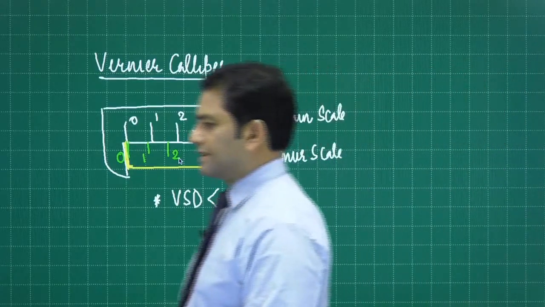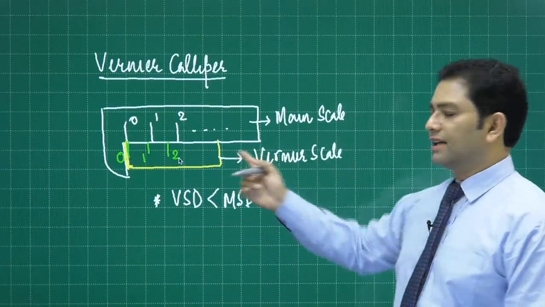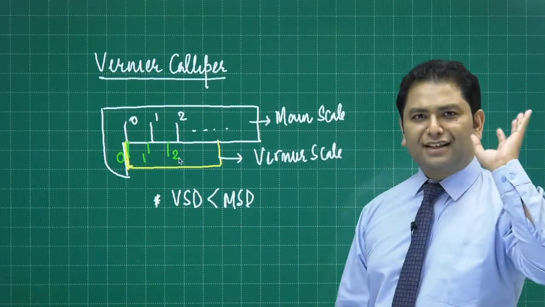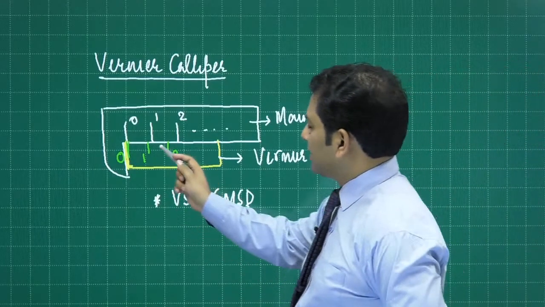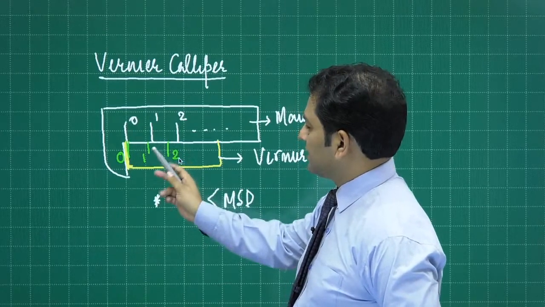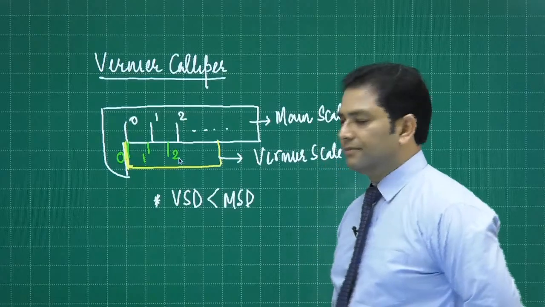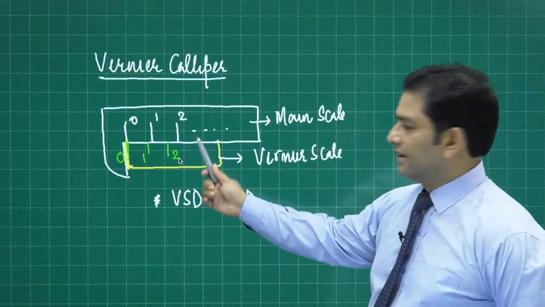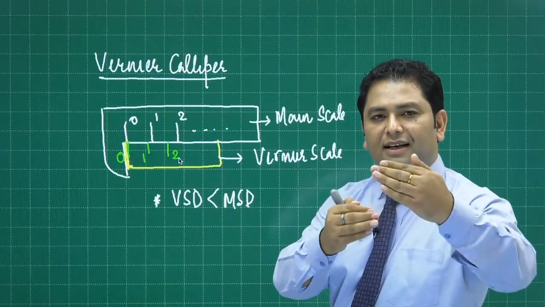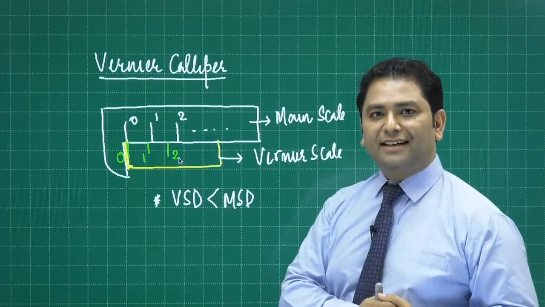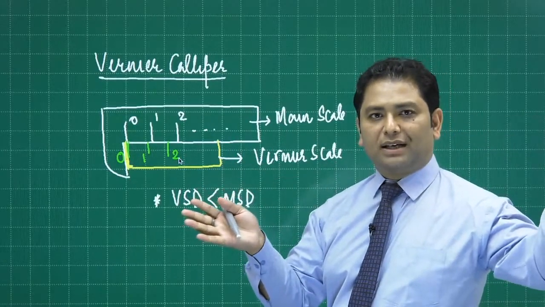So let's again see. The main scale is there, the vernier scale is there, and look at the characteristic feature that in the first division, vernier is slightly behind the main. In the second, the gap further increases because little by little, the lag keeps on getting added up, and all those lags will finally make a larger one.